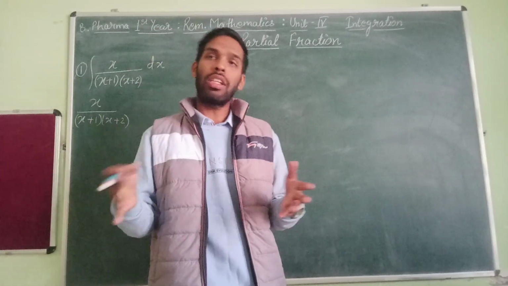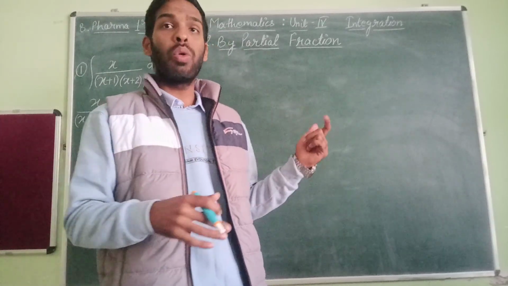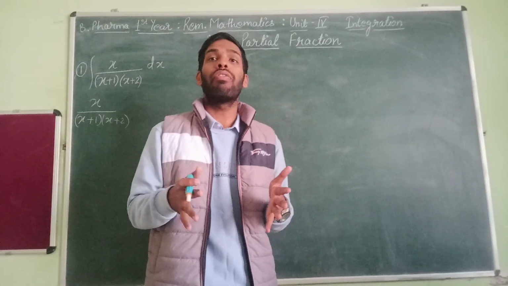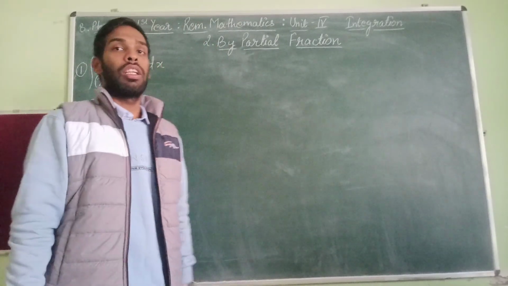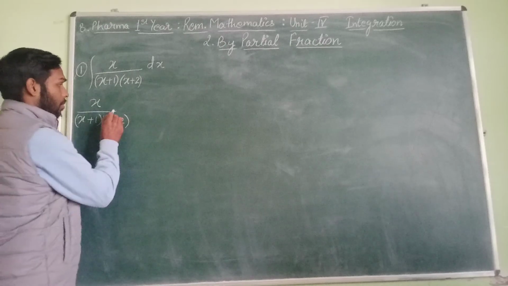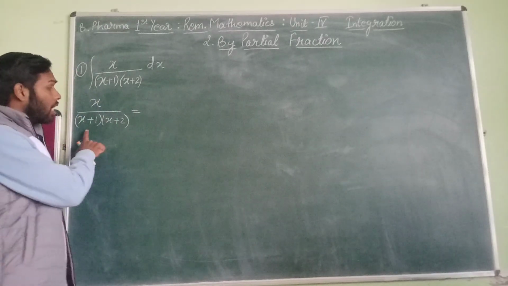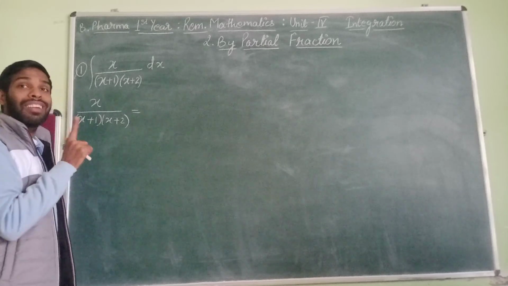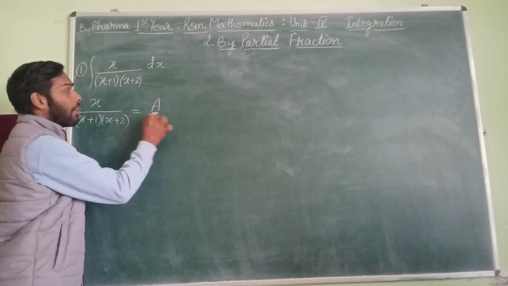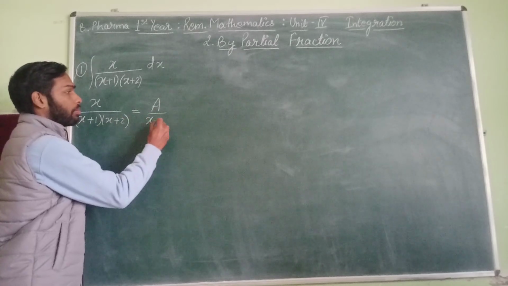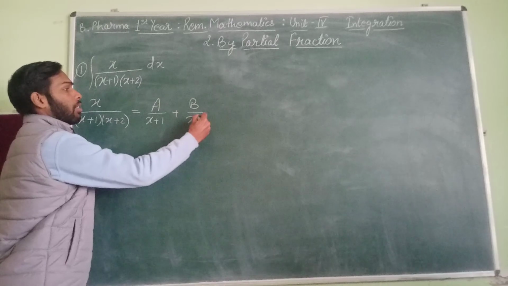If there are two factors, it will break into two factors; if there are three factors, it will break into three. So how do you write out your given function? If all the factors are linear, you write some constant a upon the first factor plus b upon the second factor.